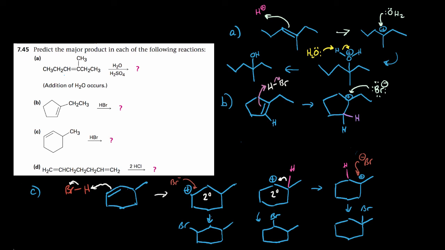And then if we look at D here, let's just do it on the problem. We can add across this double bond, and since there are two equivalents of HCl, we'll add across the other double bond, and we'll make the two carbocations.